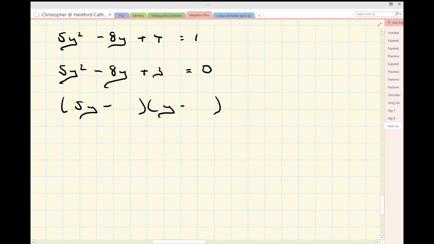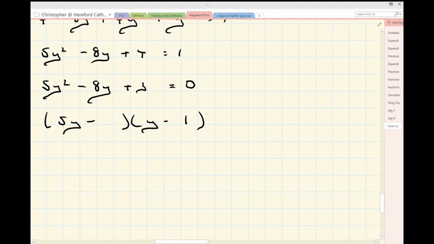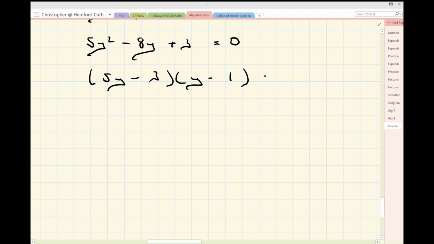And because it's a 3 there, it's either going to be 1 and 3 or 3 and 1, isn't it? And I can see that it's going to be 1 there to give me minus 5y, and a 3 there to give me another minus 3y to give me minus 8y. So now I can read off my solutions. y is going to be 3/5, or y is going to be 1.